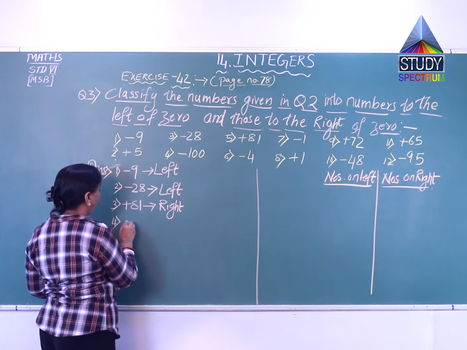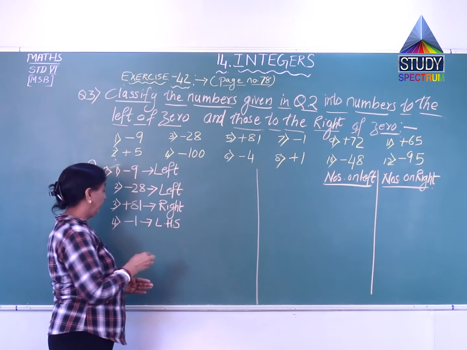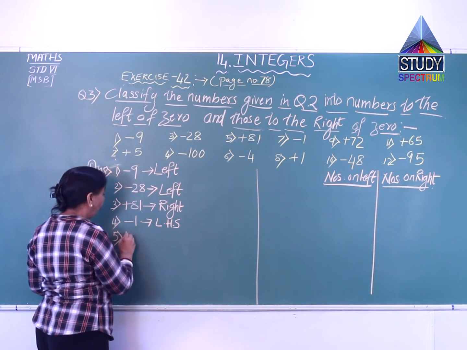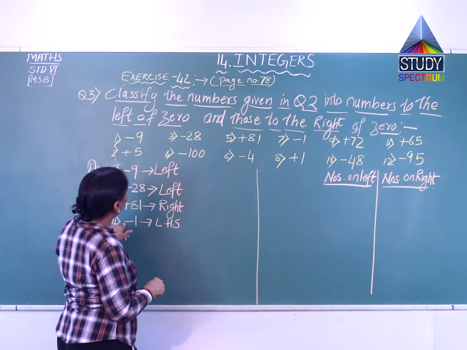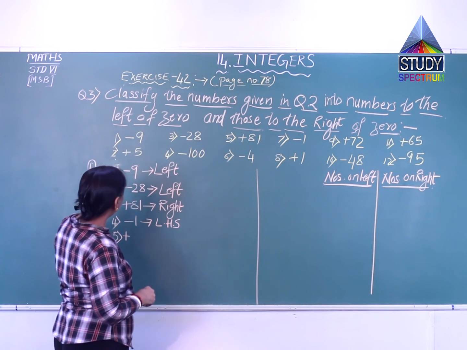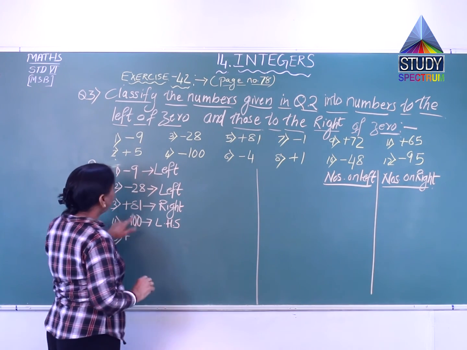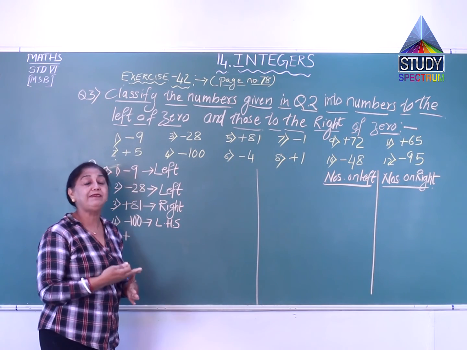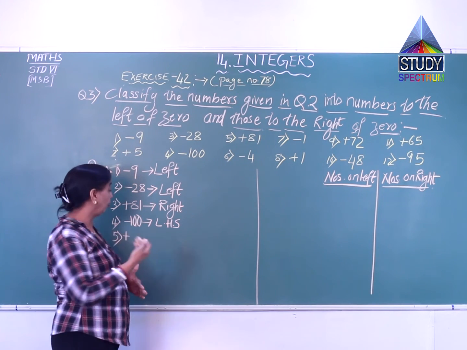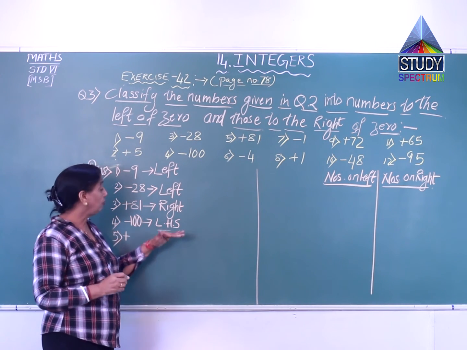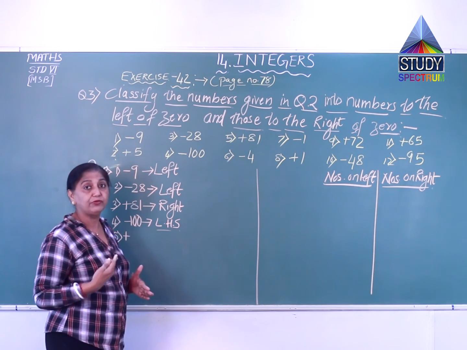Now the fourth one is minus 100. As it is a negative number, it will always lie to the left hand side of the 0. So you can write left hand side. This is the short form. In your notebook you can write the full form: it will lie to the left of 0.